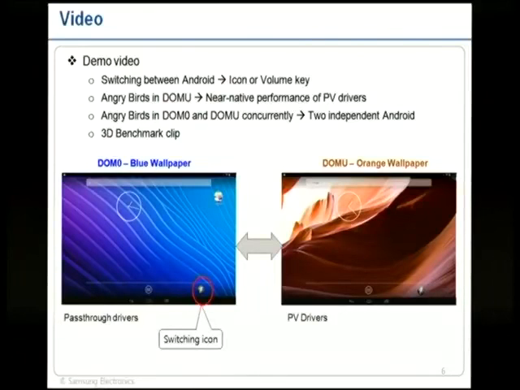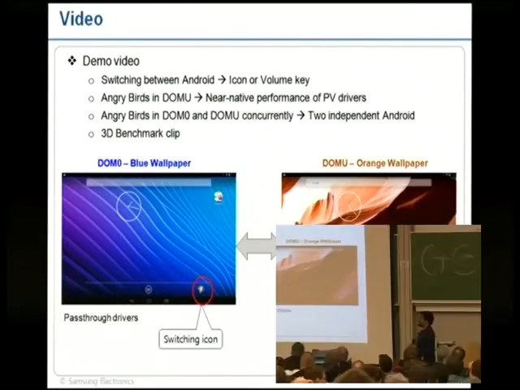We are showing a lightweight game, Angry Birds, running in both the domains. With PV drivers, the performance is nearly native. We'll also run Angry Birds simultaneously to show that the GPU is fully loaded and the performance is not degraded, though you use the GPU in both domains. And we have an industry reference 3D benchmark, which we'll show as well.